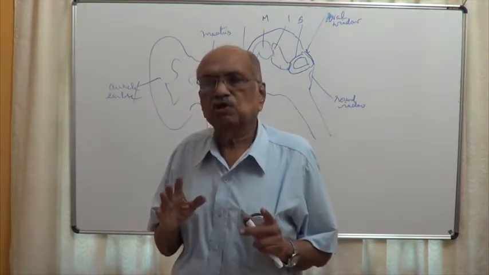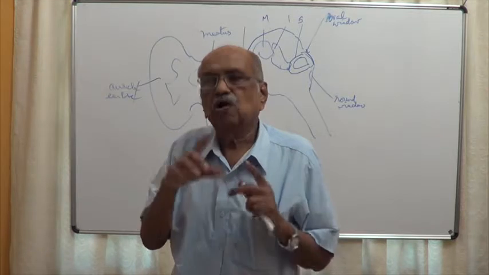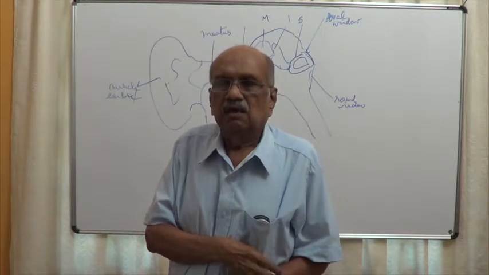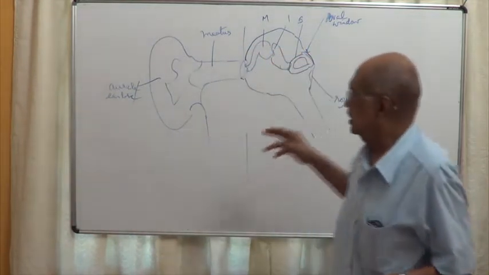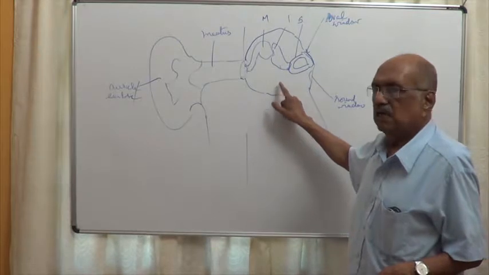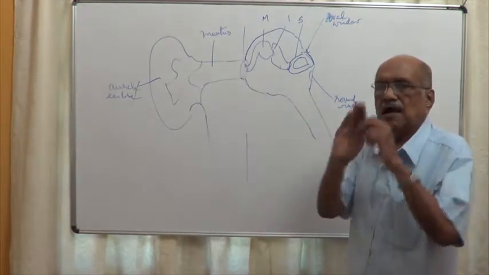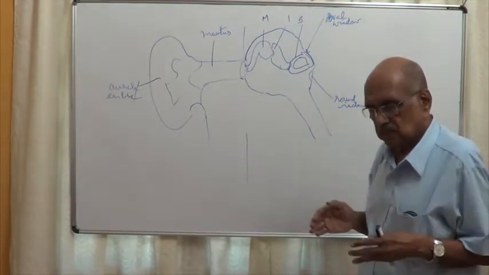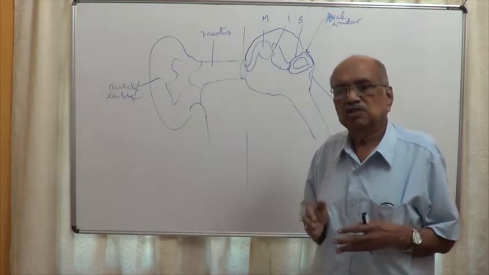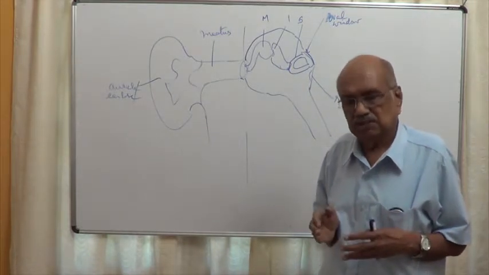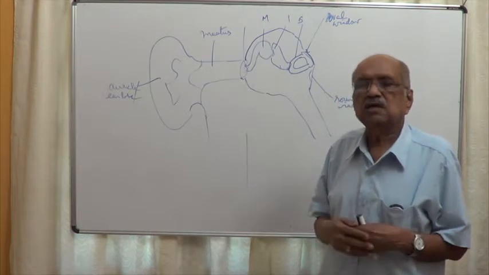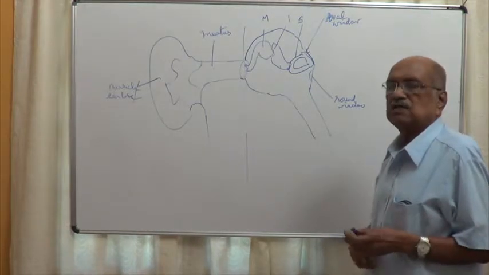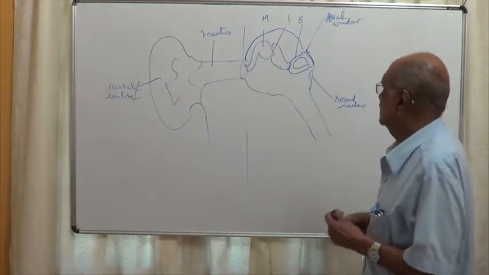It is generally kept closed and open when we yawn or when we open our mouths to eat. Now this helps to equalize the pressure within the middle ear and the external ear on either side of the tympanum. The pressure equalization is very important for the functioning of the tympanum, for its vibration. Any disturbance in this would mean pain in the ear, as I said, which some of us experience in air travel.